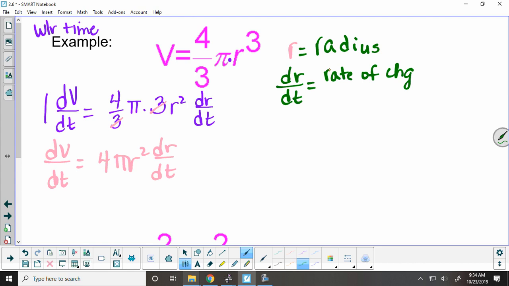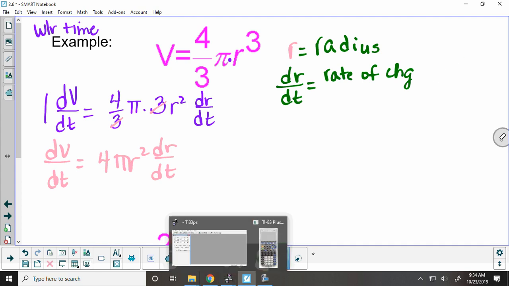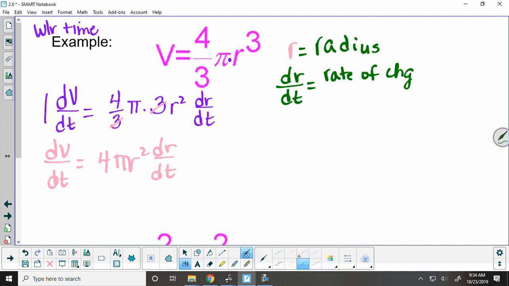Rate of change of radius with respect to what? What's my other variable?